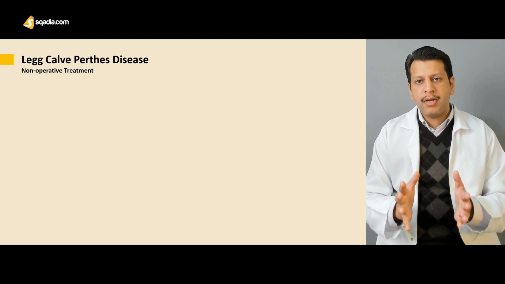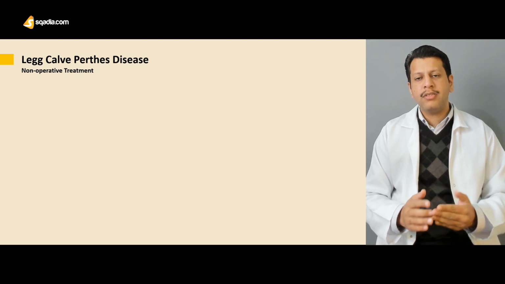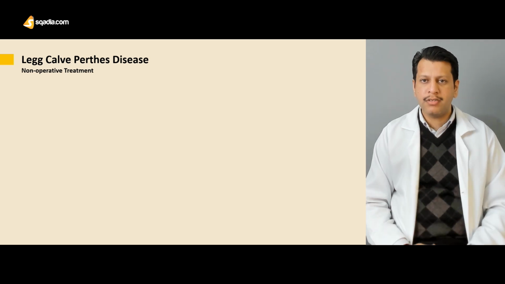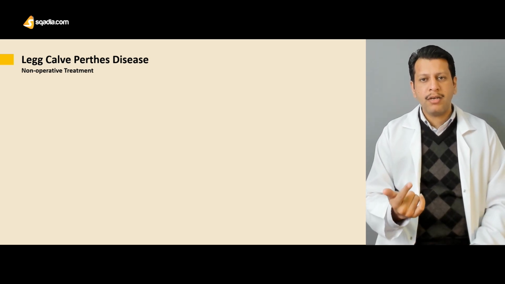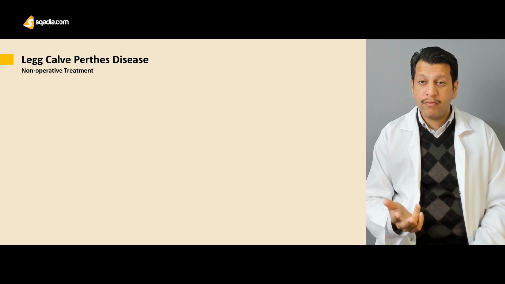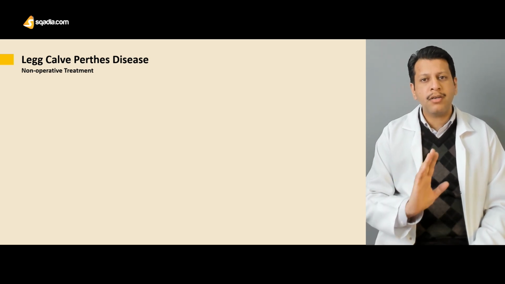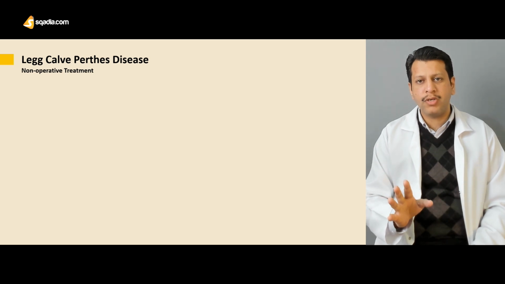On examination, we have to rule out our differentials. If there was pain or associated fever, then we are probably going towards infections such as septic arthritis or transient synovitis of the hip joint.